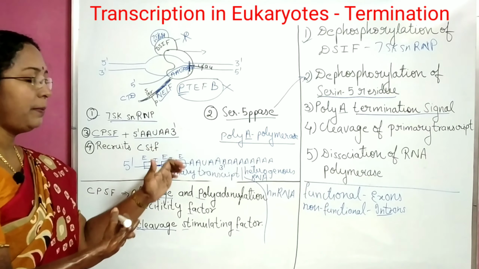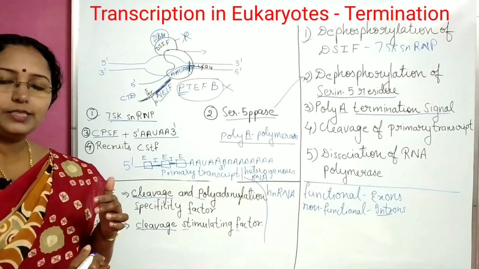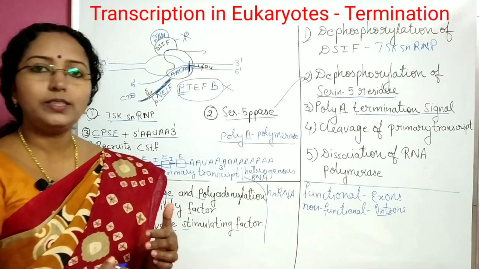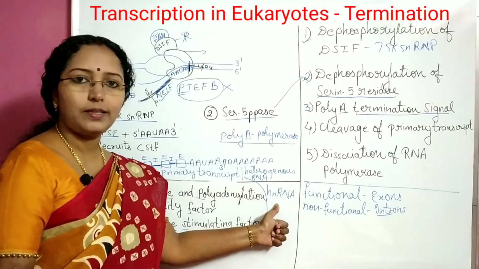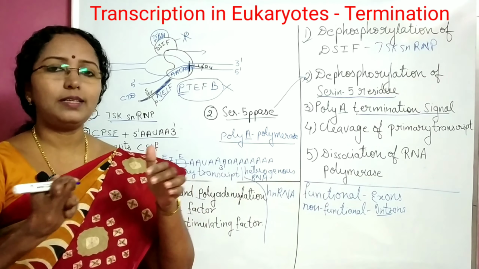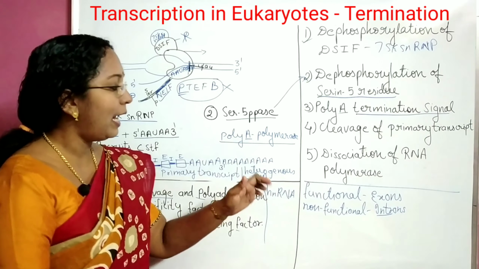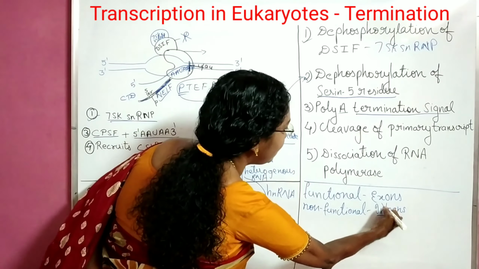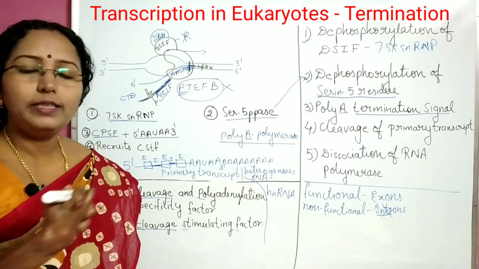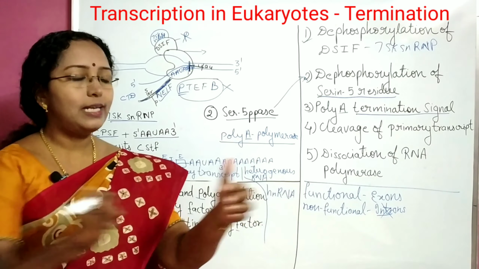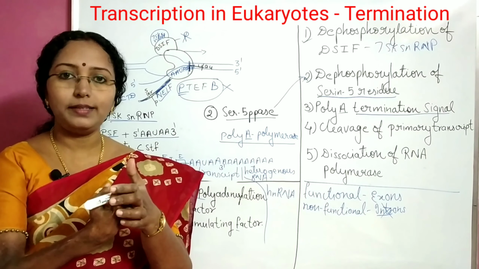Because this primary transcript is having functional and non-functional regions, you call this the hnRNA. So if you want to get the correct mRNA from the hnRNA, what we have to do is remove all the introns one after the other and combine the exons.